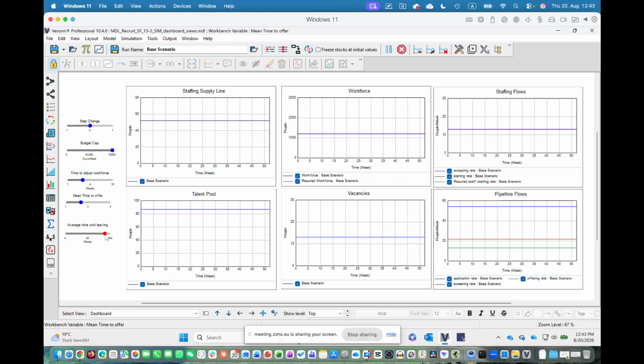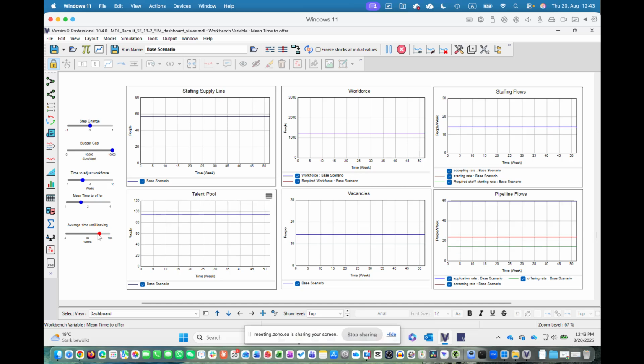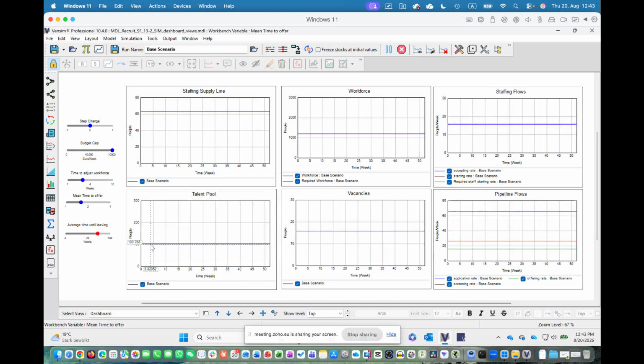That kind of makes sense, right? So the only thing that changes is the supply line, the talent pool, etc. So the faster the turnover here, the bigger our talent pool needs to be. So here we have a talent pool of over 100 people to keep the organization in equilibrium. So that's important to note.